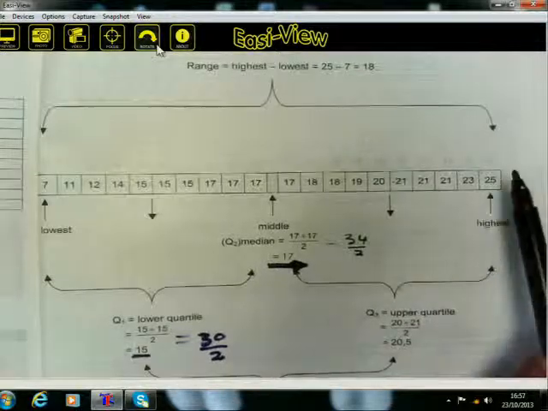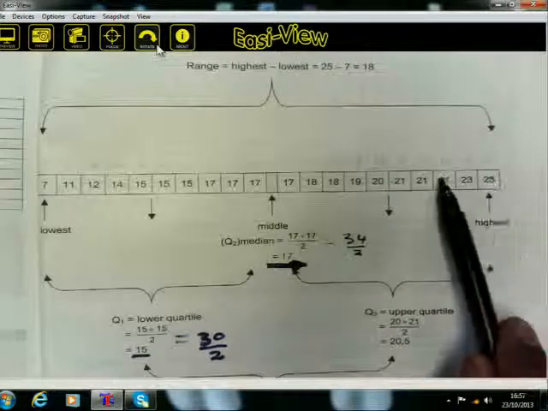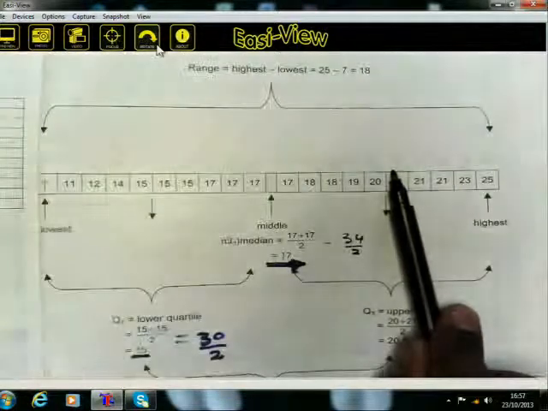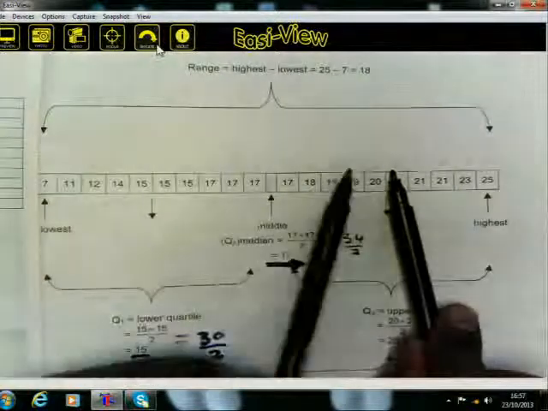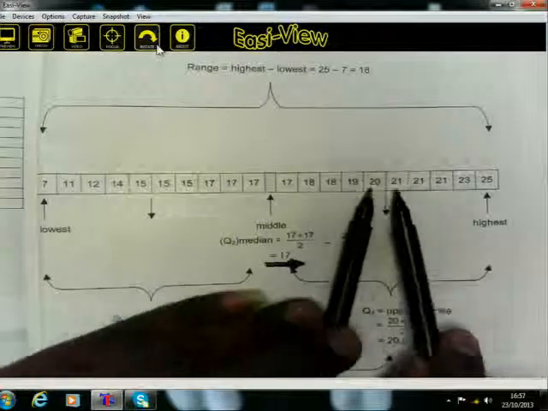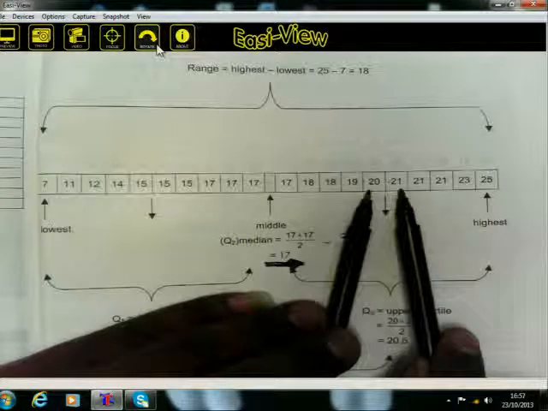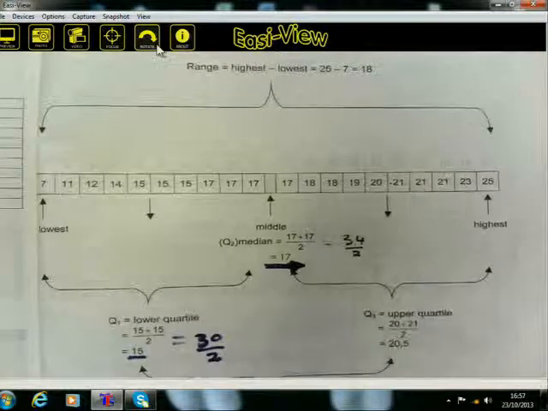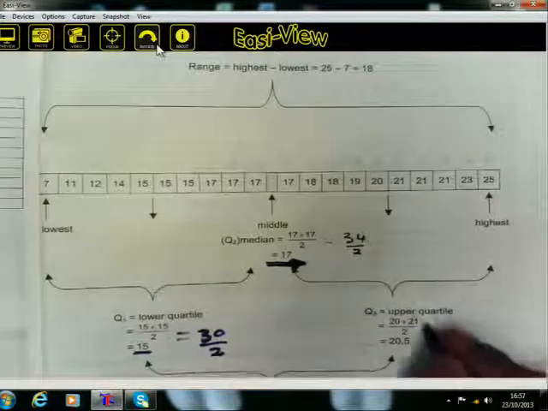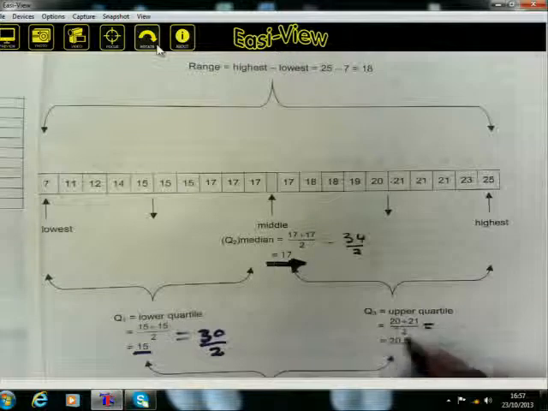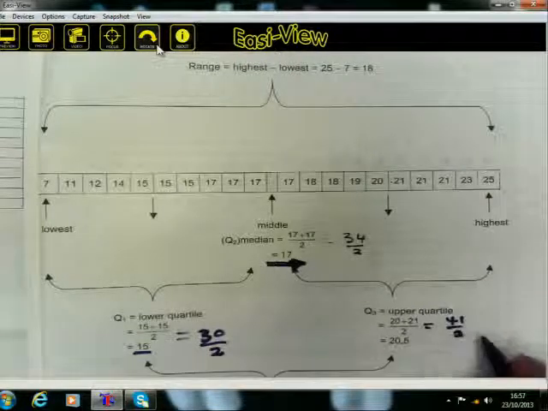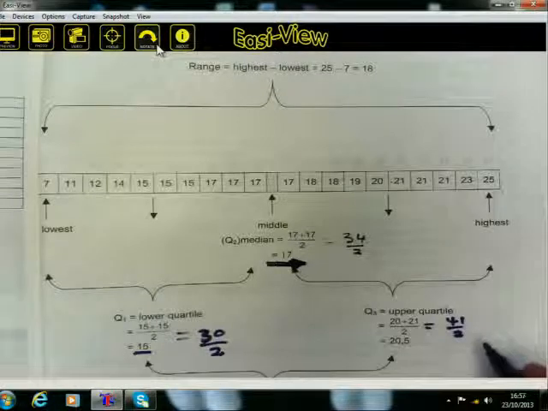Let's count: 1, 2, 3, 4, 5. You see? 1, 2, 3, 4, 5. The two numbers are 20 and 21. Now we have to add 20 and 21. 20 plus 21 divided by 2 gives us 41 over 2. What is 41 over 2?